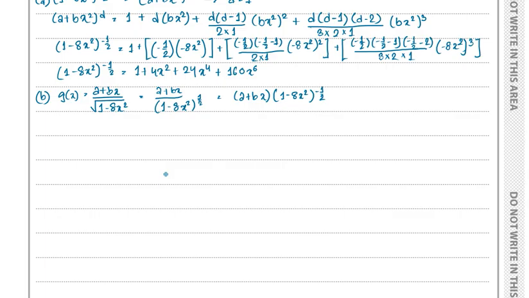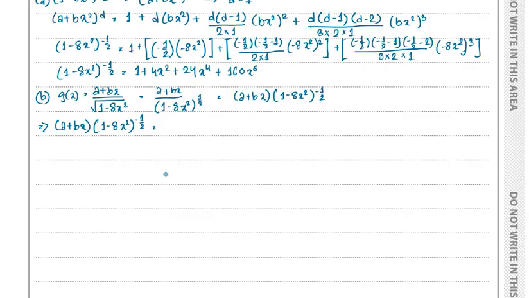So if you look at this (1 minus 8x squared) to the power minus half, we have just expanded it in part A. So this would be (a plus bx) multiplied by (1 minus 8x squared) to the power minus half.